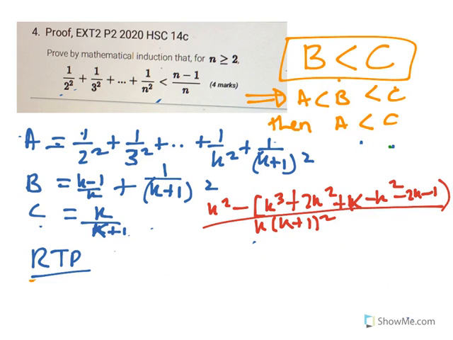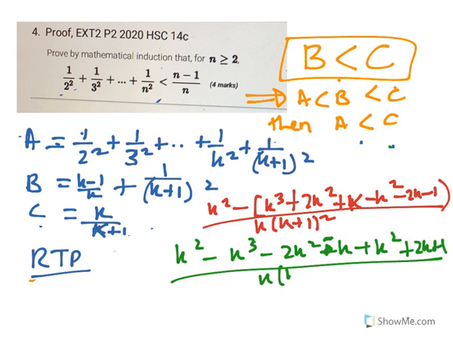Okay, so we're trying to prove that this is positive, so let's just keep going with this. So we get k squared minus k cubed minus 2k squared plus k minus k squared will be plus k squared, and this one will be plus 2k plus 1 all over k plus 1 squared. Okay, things that cancel out. We have k squared minus 2k squared. We have minus k plus k, which gives you k.